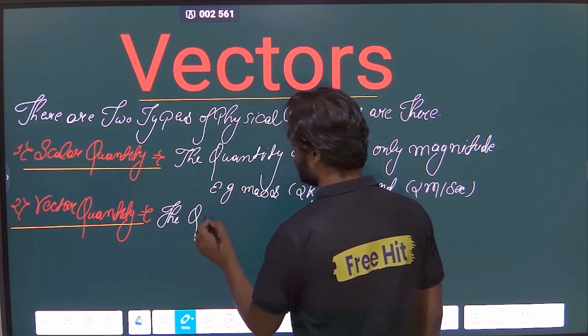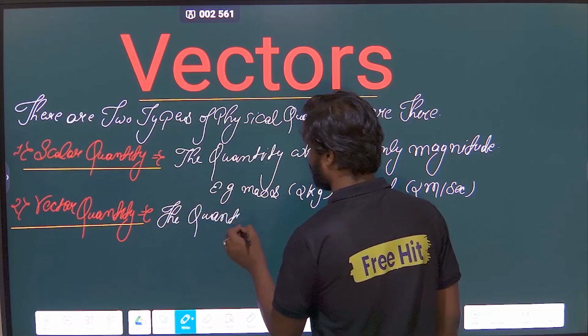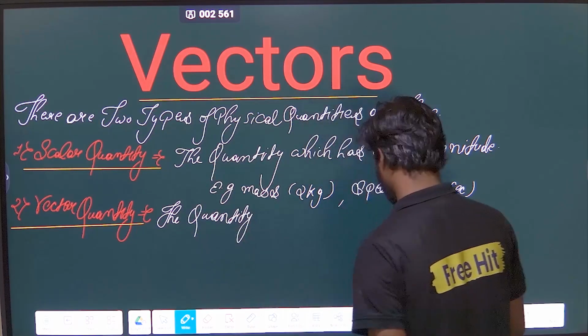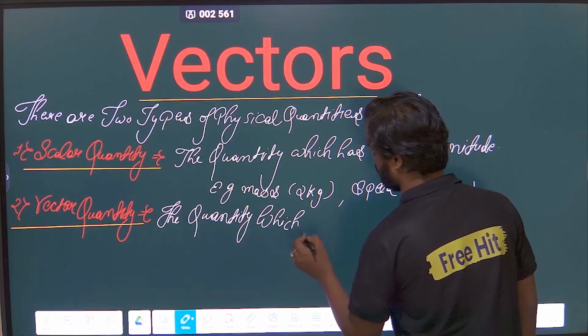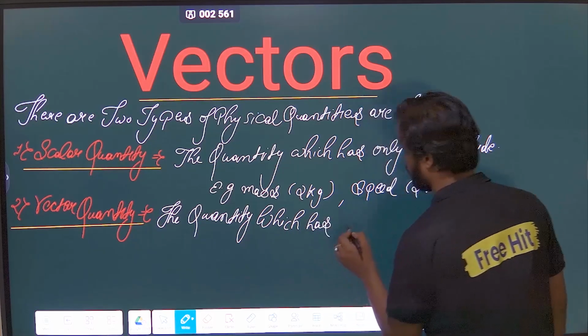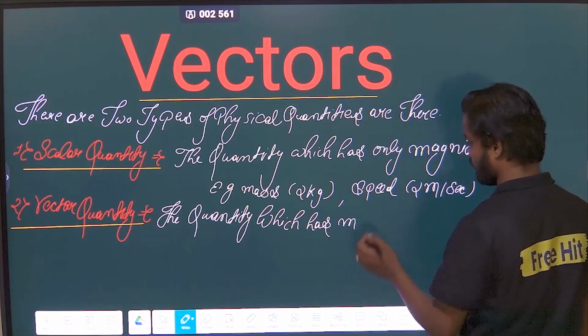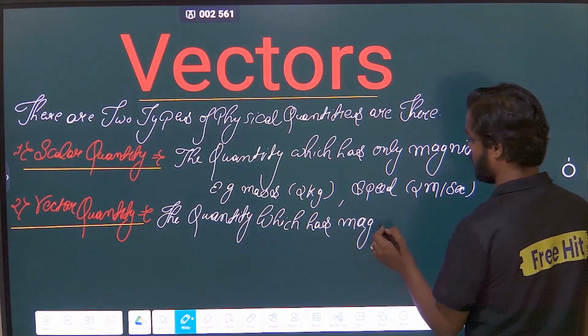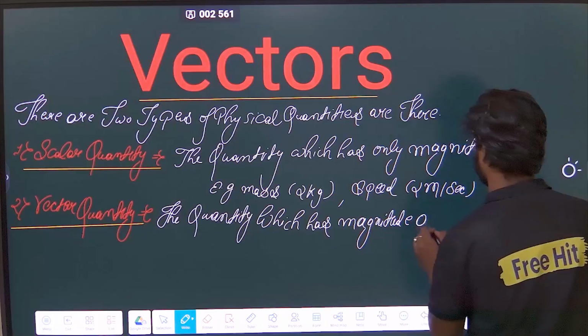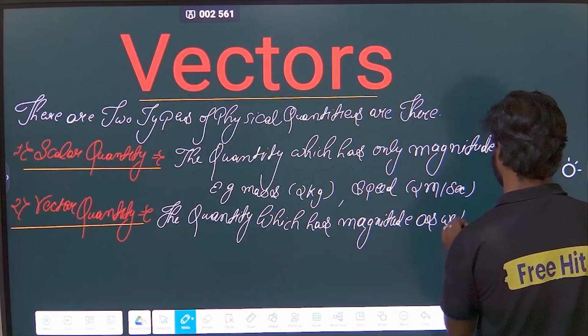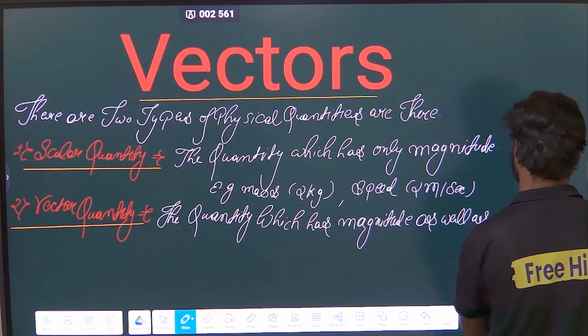The quantity which has magnitude as well as direction.